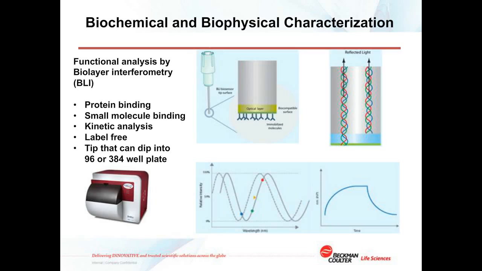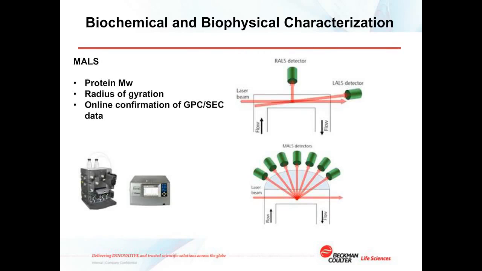As you begin to dip into solutions that end up binding to the surface of your tip with its immobilized proteins, you'll start to see an increase in the intensity of the signal in relationship to the affinity of your analyte for your proteins. This is, again, label-free, and because it can be done in 96 or 384 well plates, it's quite high throughput.